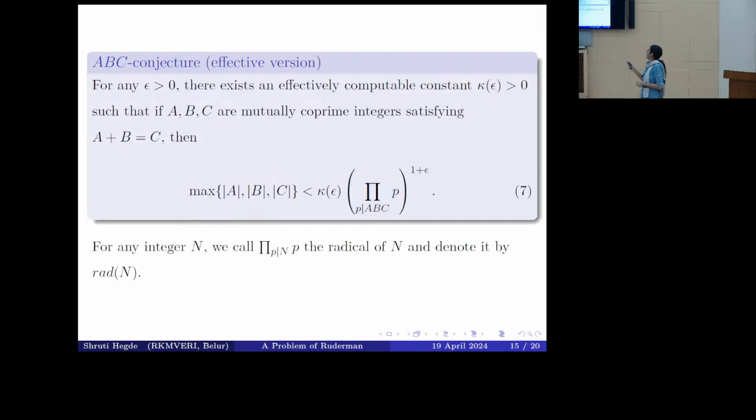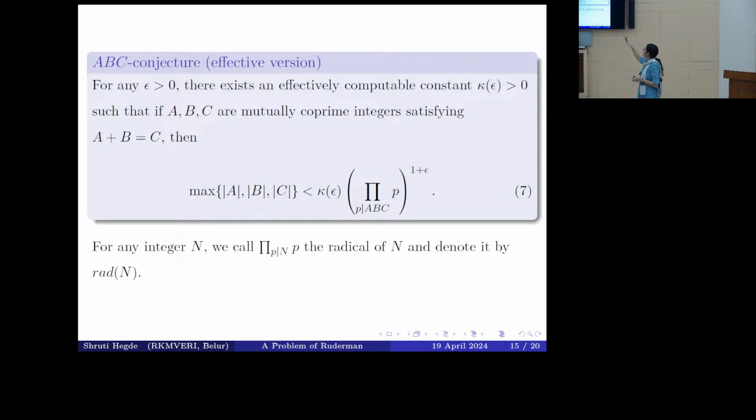So the ABC conjecture is this: for any epsilon greater than 0 and mutually co-prime integers a, b and c such that a plus b is equal to c, this inequality is true. The maximum of the modulus values has to be less than a constant kappa of epsilon, which will depend on epsilon, and it will be computable according to the effective version of the ABC conjecture, times the radical of abc, the product of primes p such that p divides abc, to the power 1 plus epsilon.